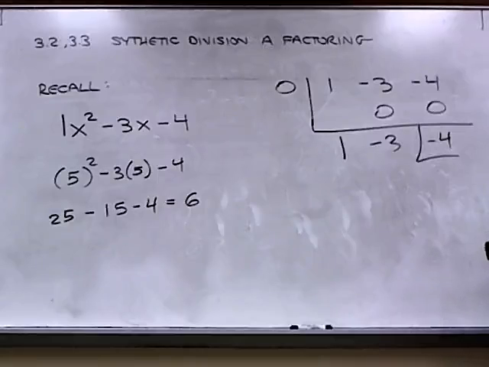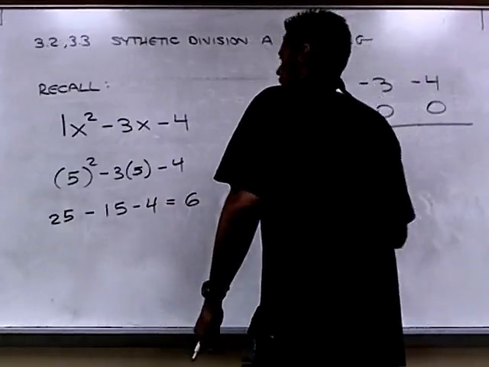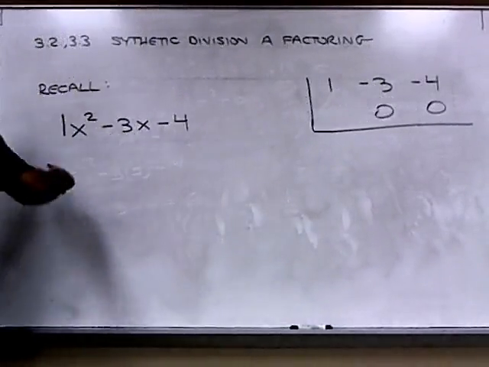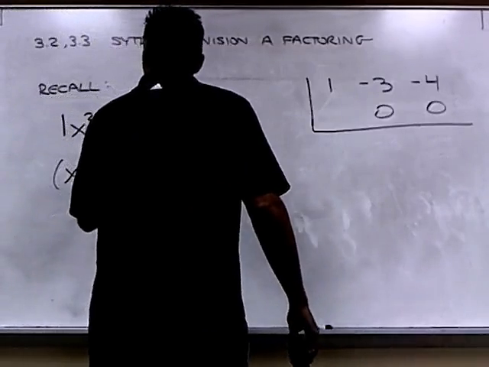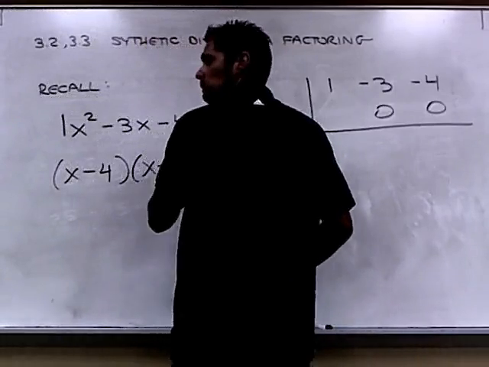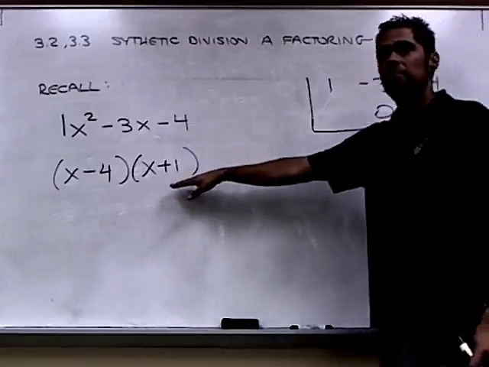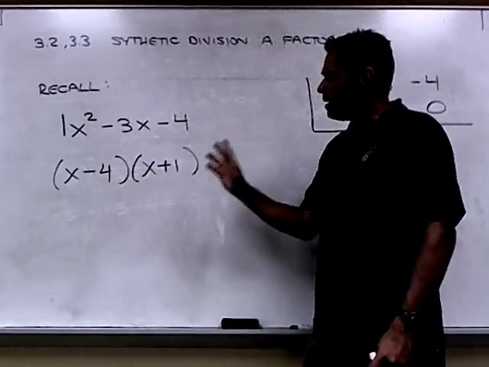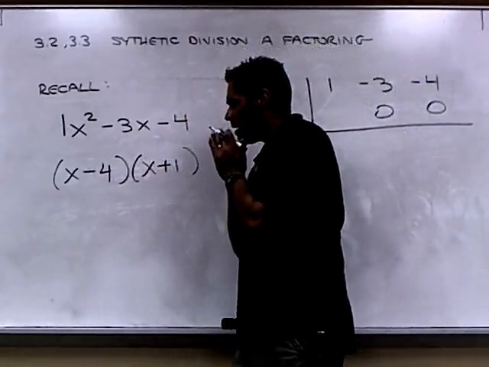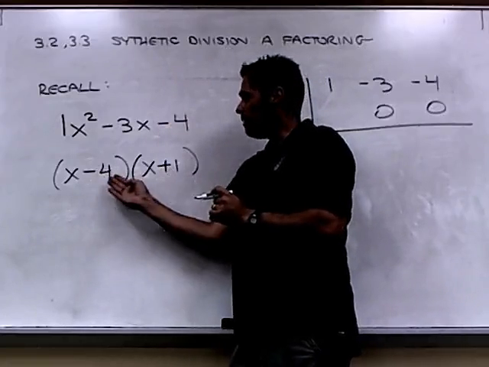Now, how is this going to help us factor? Because that's really what we're trying to do. When we broke this down earlier, we said that coming into this class, we all knew how to factor that, right? Doesn't that mean I can look at this and tell myself, what would happen if I plug 4 in?